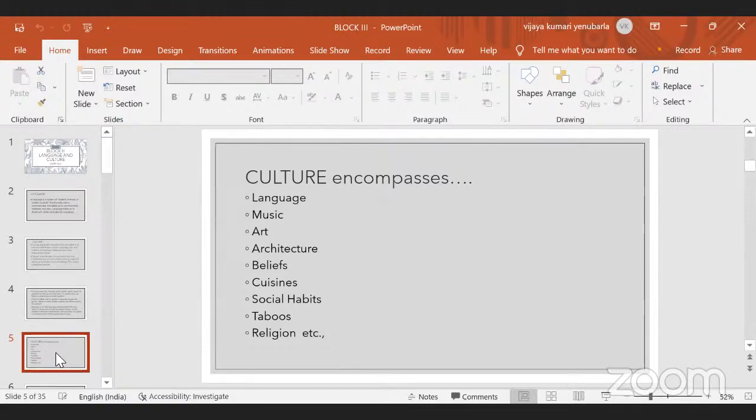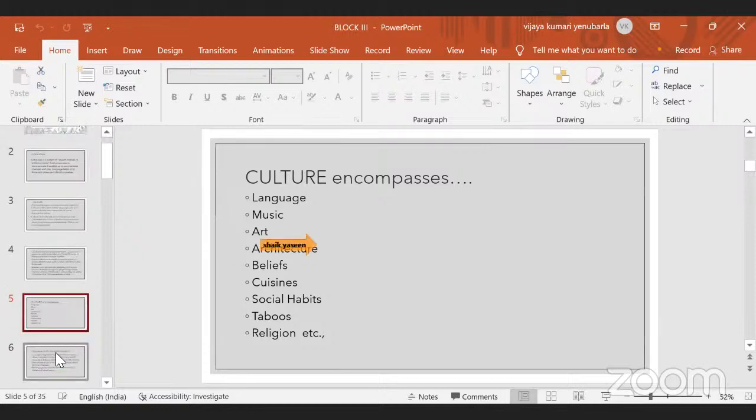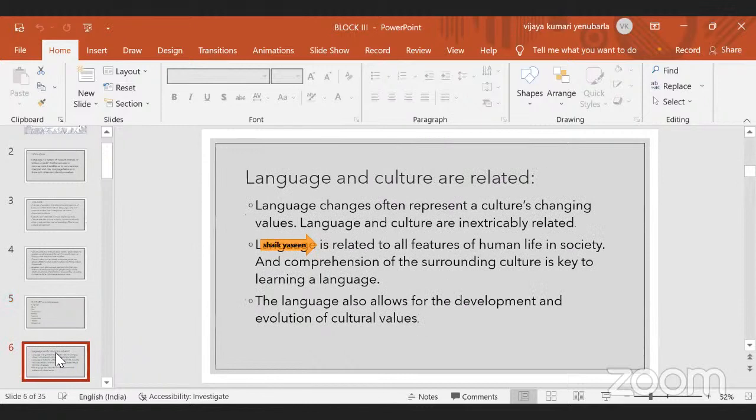For example, a doctor's work culture is quite different from a teacher's work culture. Or a software professional's work culture is entirely different from that of a social entrepreneur or social activist, isn't it? So this culture is not just restricted to religion, but encompasses all these things. Based on these, you define the culture of that particular work.